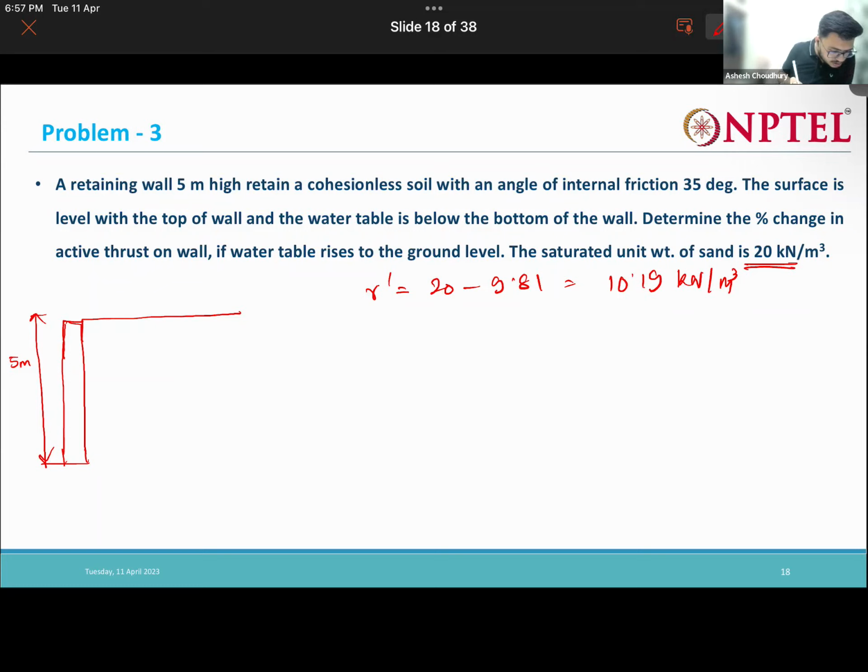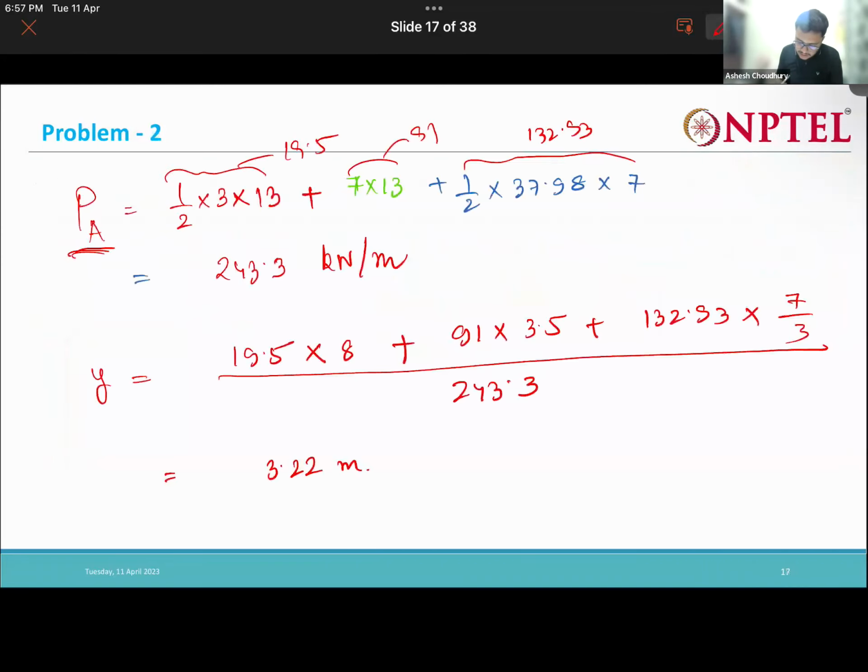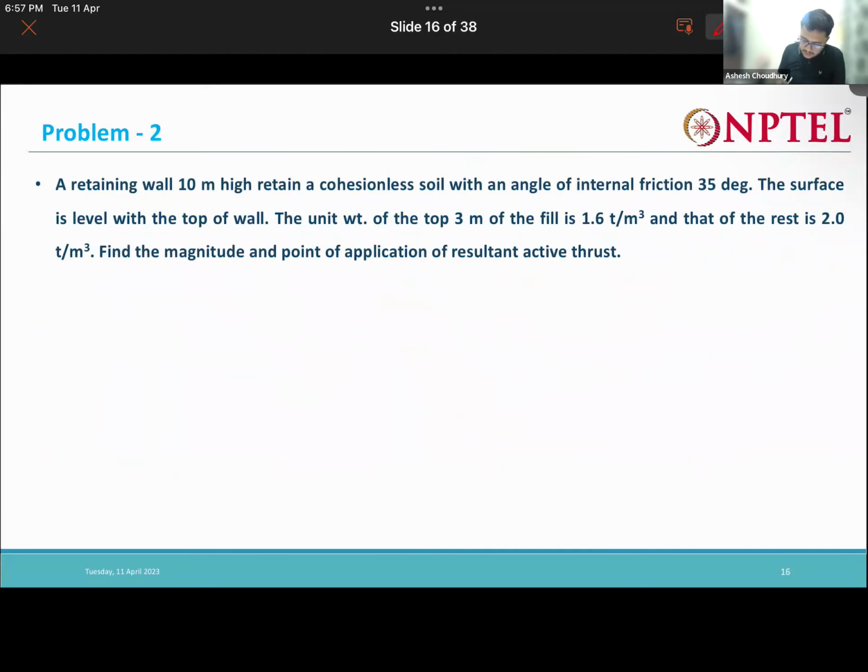And so what is Ka? Just determined, it was the same for the previous problem also, right? 35 degrees. So 0.271.